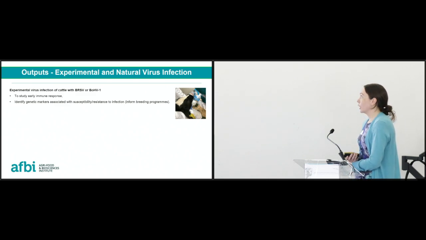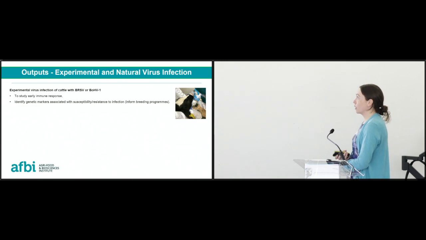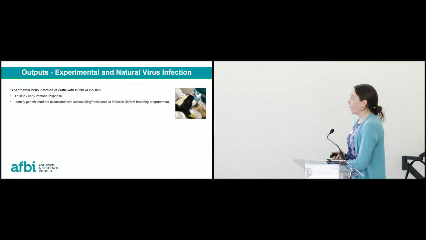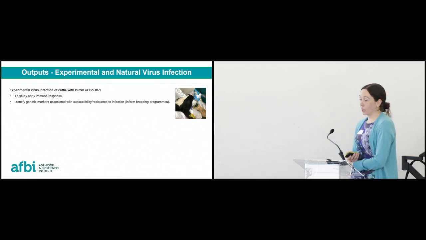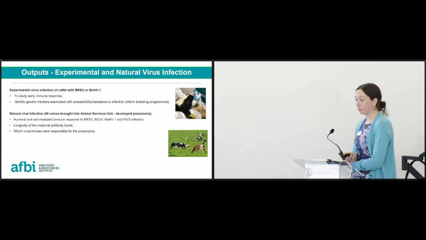These studies generally last only for around a week before the animals are euthanized, so we use them to study early immune responses to these viruses. And we can also do metagenomic studies to identify genetic markers associated with susceptibility or resistance to infection in these calves, and this could be used to inform future breeding programs.